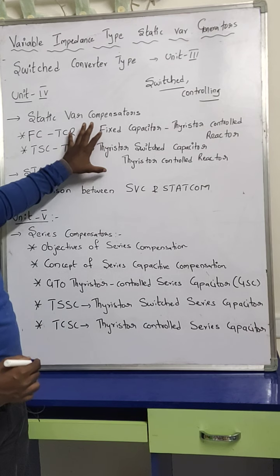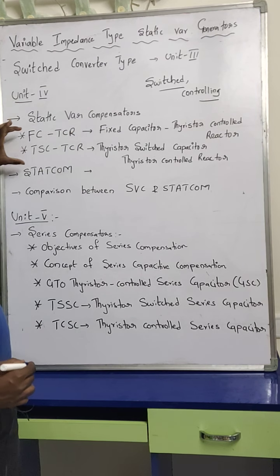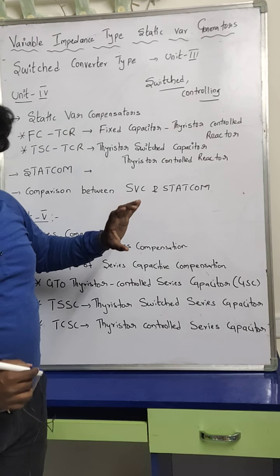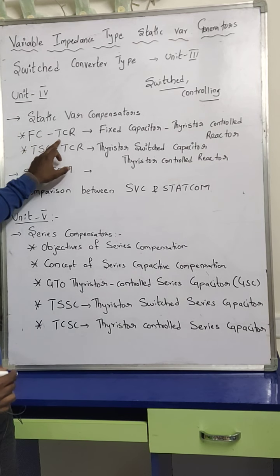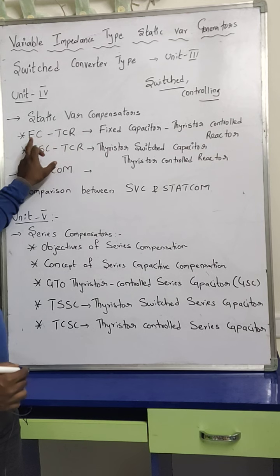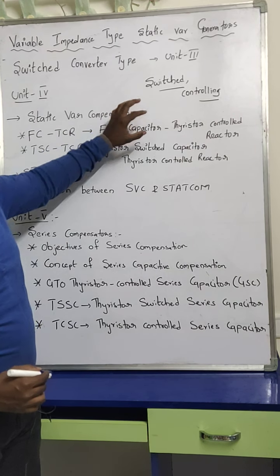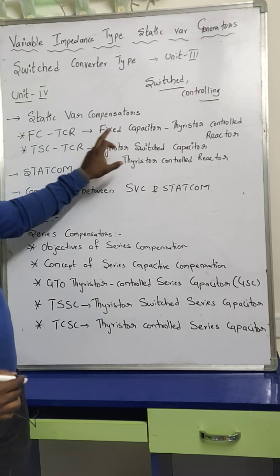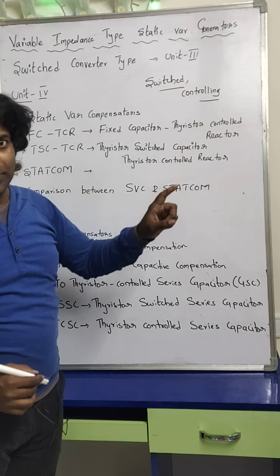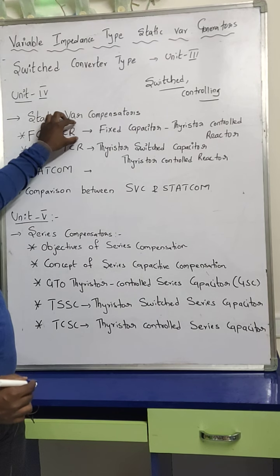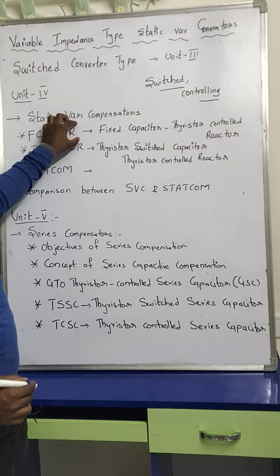The difference you will observe here. The main two types in static VAR compensation are FC-TCR. The first circuit is FC-TCR, meaning fixed capacitor, thyristor controlled reactor. Observe FC-TCR. A fixed capacitor is connected along with a reactor.